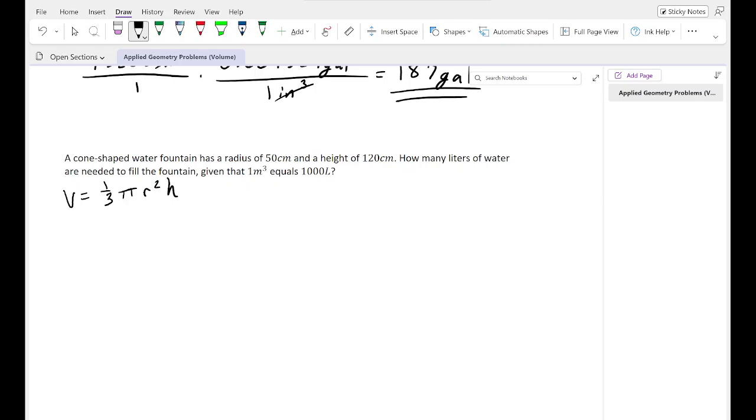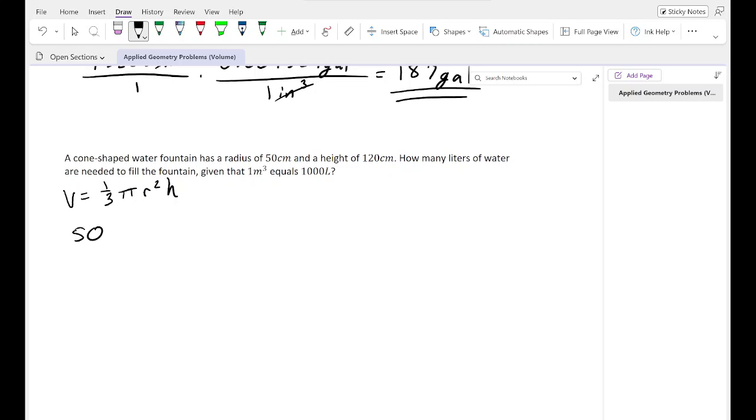Now, I would like to plug in my centimeters, 50, 120, into r and h respectively, but that would be the mistake. Don't do that, because right here it says given that a cubic meter is equal to 1,000 liters, but I have centimeters. I should convert my centimeters to meters first.